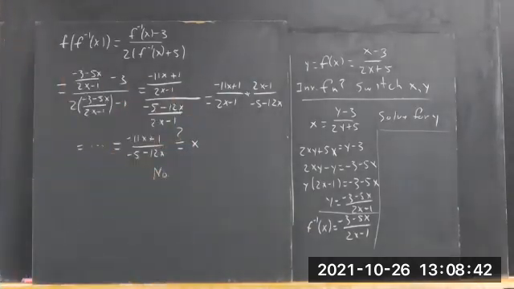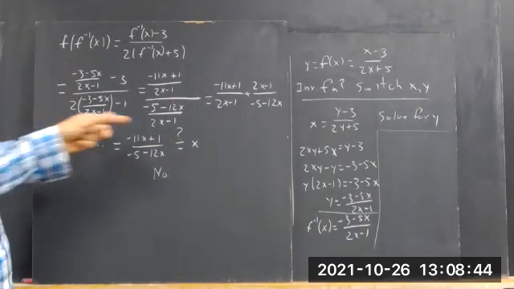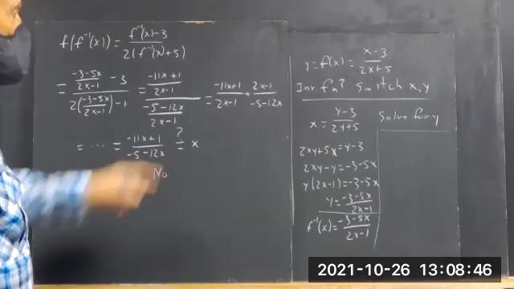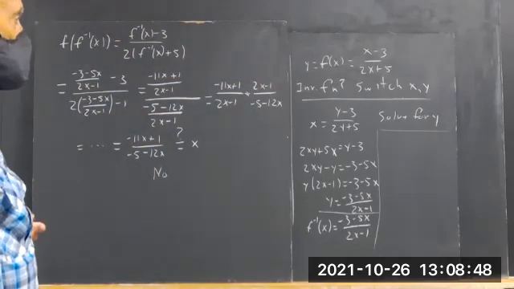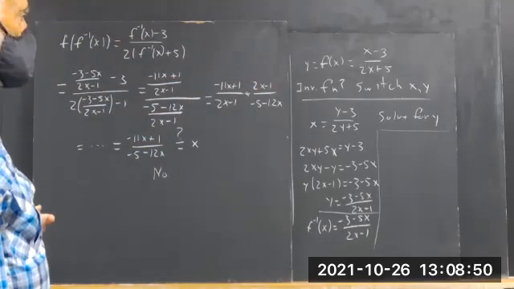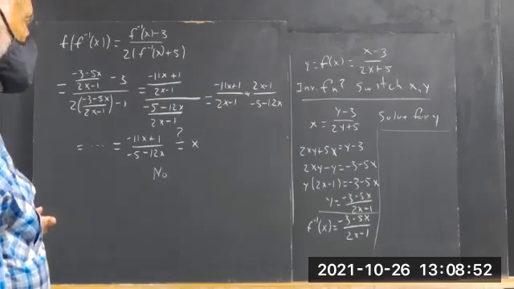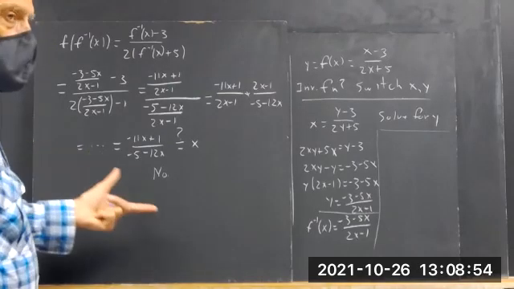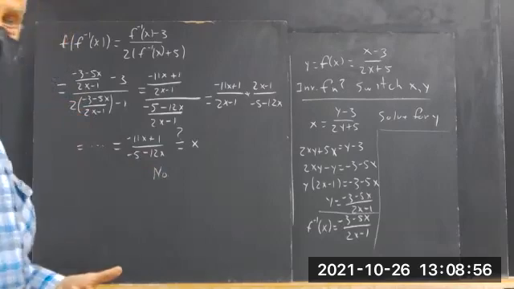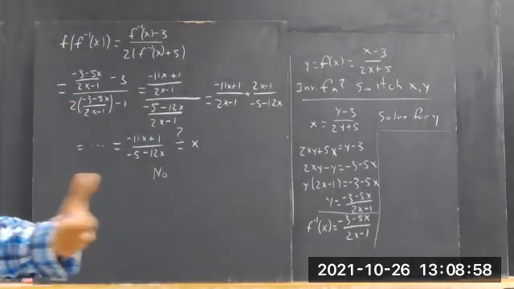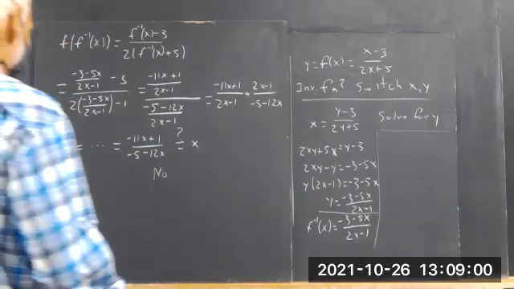Or maybe I messed up the algebra here. Or maybe I didn't substitute right in the first place. Plenty of things. So I've got to go back and check my algebra, right? And I'm not going to do that.